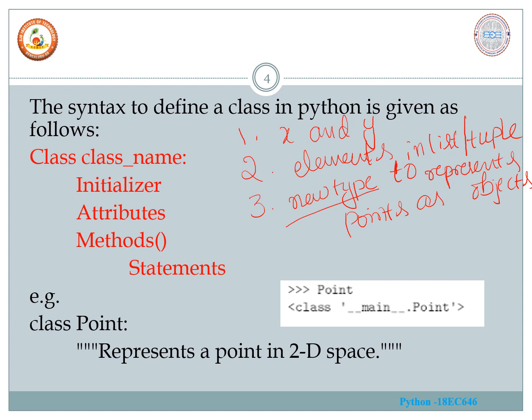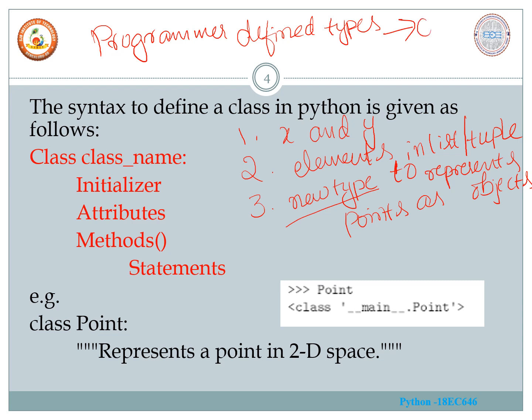Now, a programmer-defined type is also called a class. When we try to analyze the definition, it is going to look like this, say for example, class Point. This class Point represents a point in two-dimensional space.